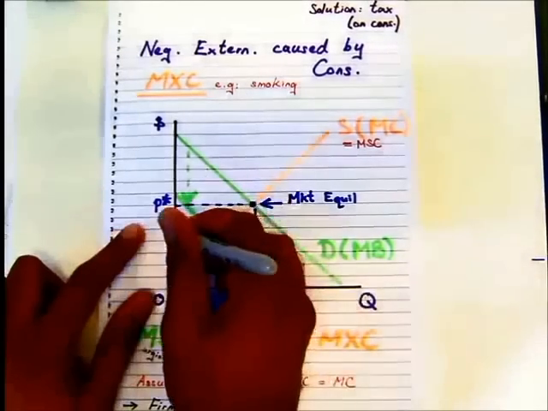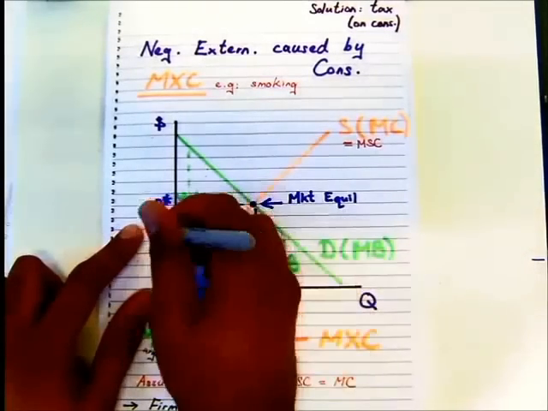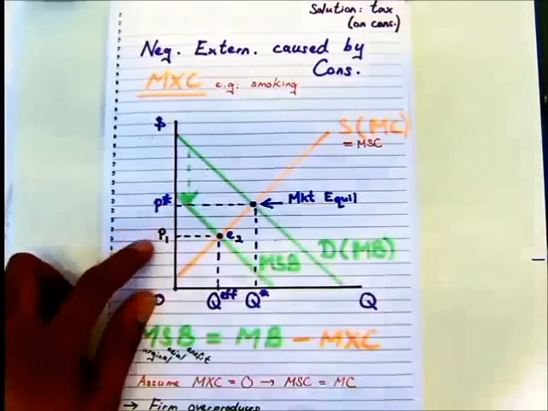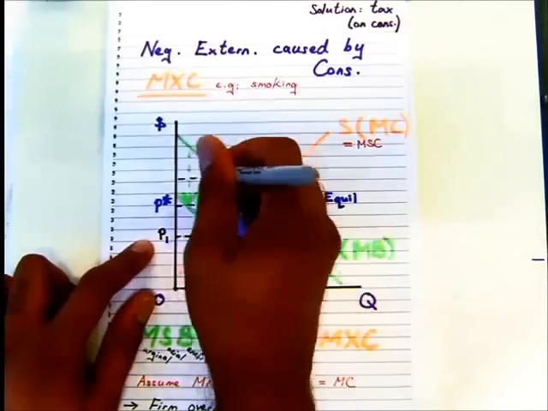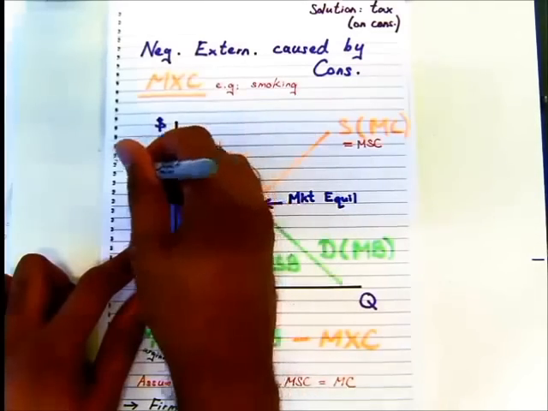If you tax consumers, even though the price looks lower, after they pay the tax, the price is actually much higher.